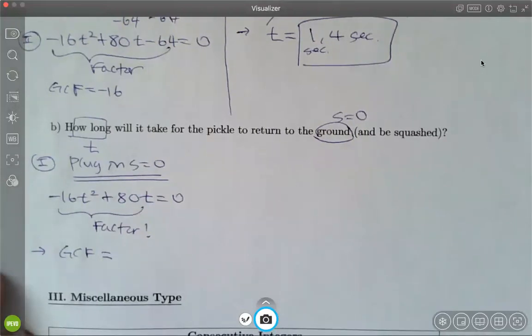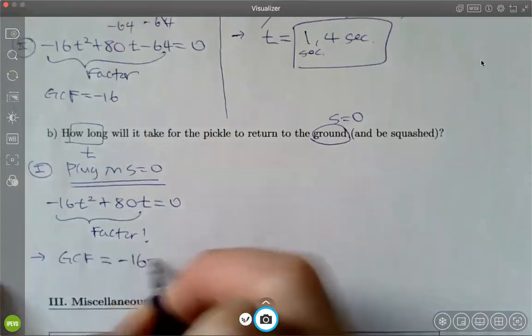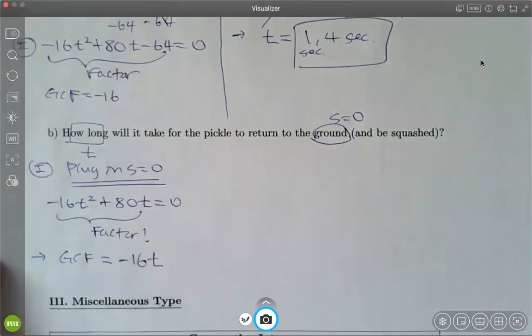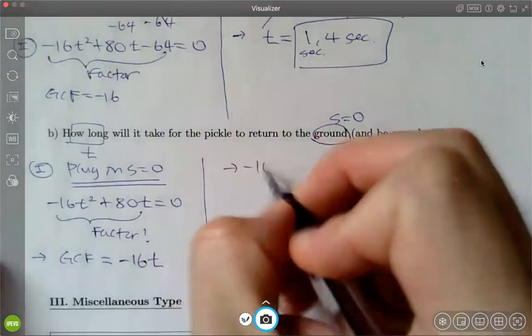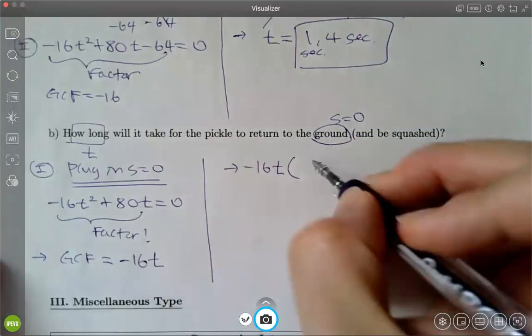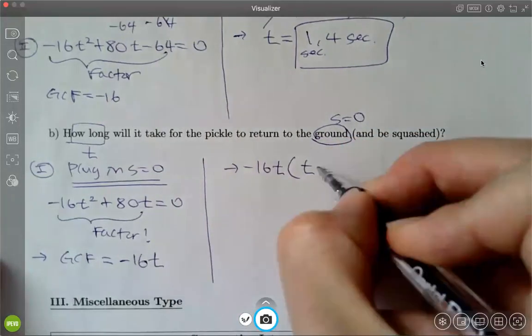Now, can you take out some more? The negative? And t as well, yes. So the GCF is negative 16t. So we have negative 16t, and then what? t, and then minus 5, right? Equals 0.